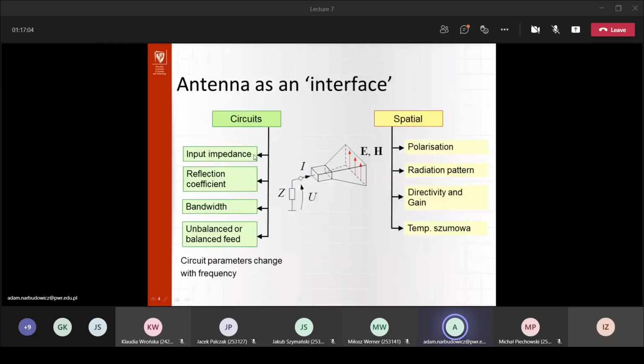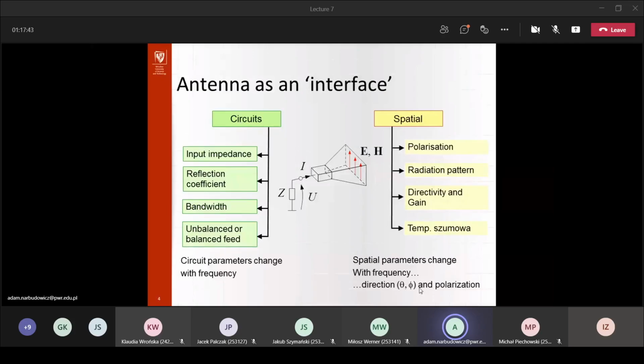But what's important is that the circuit parameters, similar to any electronic circuit, will change with frequency, which is quite expected. Similarly, all spatial parameters, so polarization, gain, the focusing capability, will also change with frequency. But on top of that, they will also change with direction. And by direction, we mean two-dimensional, so theta and phi, spherical, two different axes, and polarization, right?